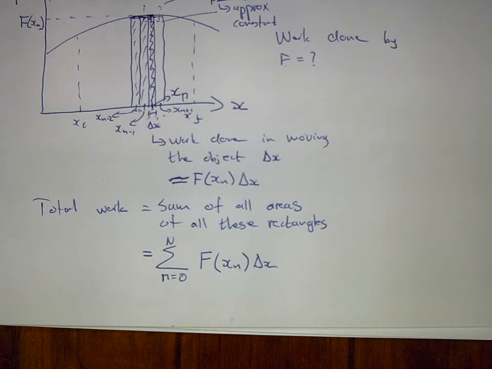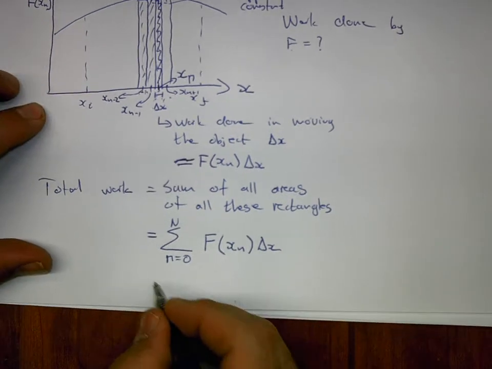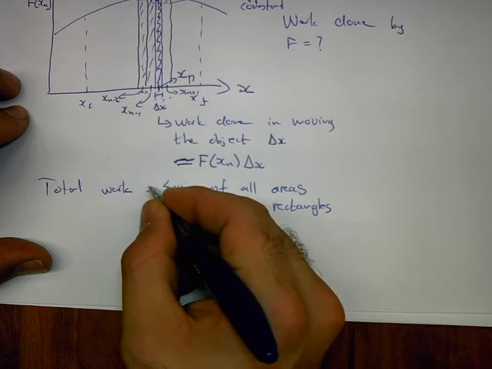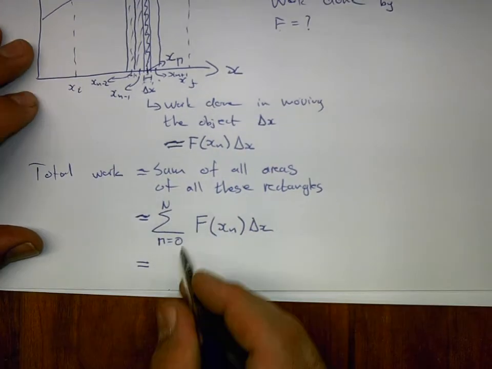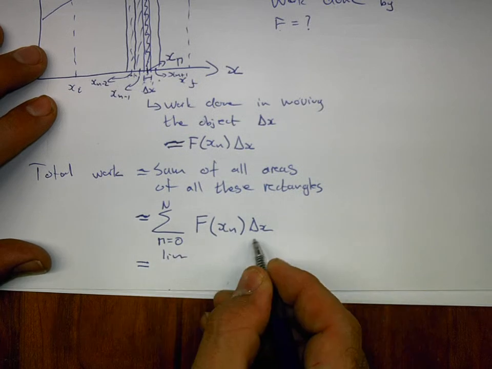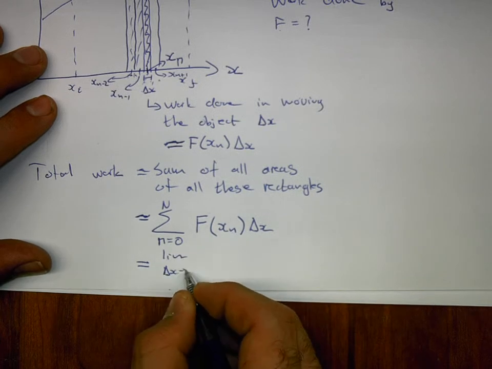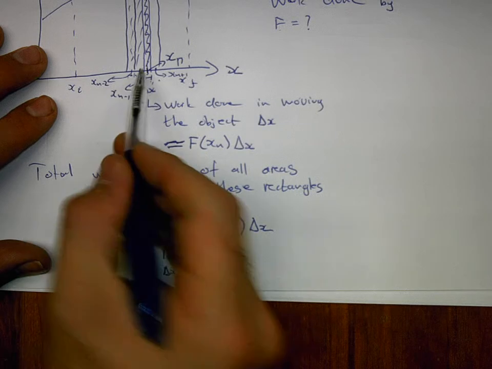And you found that for a straight line, like velocity versus time, the area underneath that curve increases as time squared. And we called that an integral. So what we say is this expression becomes exact if we make these delta x's very, very small, so make these rectangles smaller and smaller and smaller.